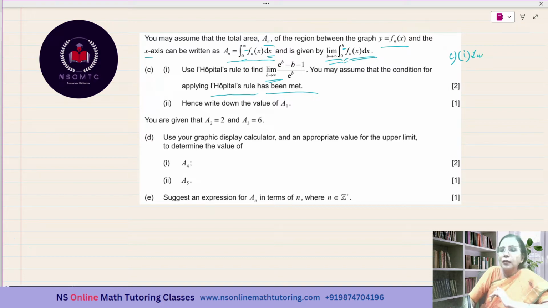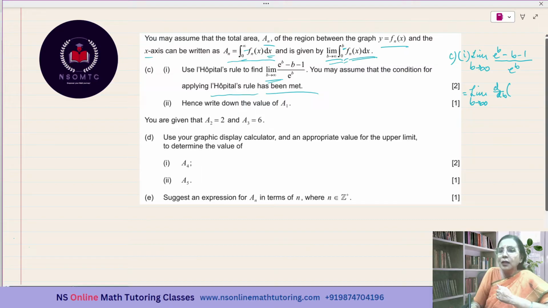Limit b tends to infinity e to the power of b minus 1 over e to the power of b. So this is limit b tends to infinity, and with respect to what should we be differentiating? This is important. When we have x tends to infinity, we differentiate with respect to x. Over here, we are having b tends to infinity, so we'll be differentiating with respect to b. Okay.